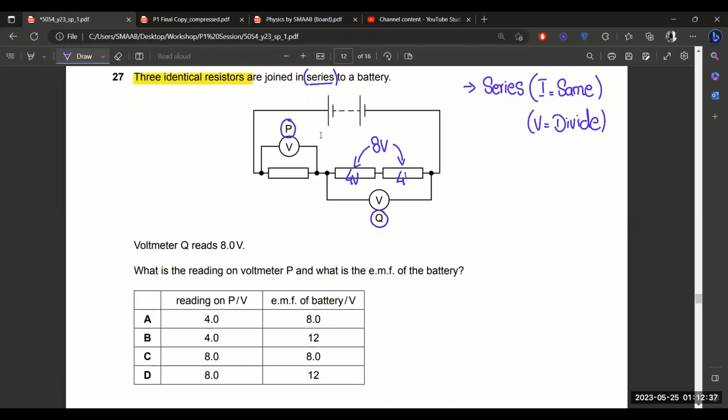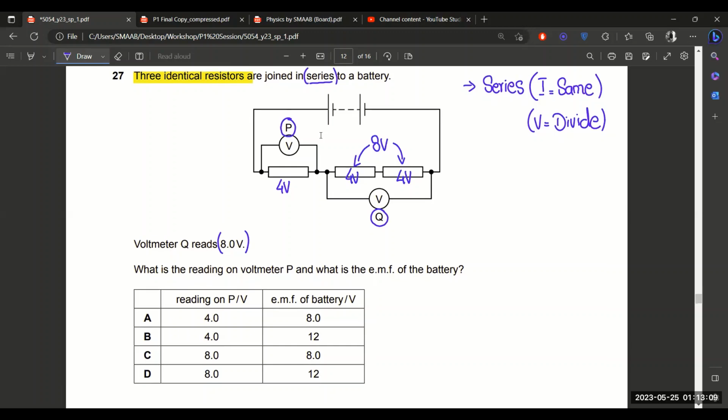So 4 volts is divided equally between these two resistors because the resistance is the same for each. And since all three are identical, 4 volts is also gained by the first resistor. They ask what is the reading on voltmeter P. That is simple because the resistors are identical, so the voltage will also remain the same.